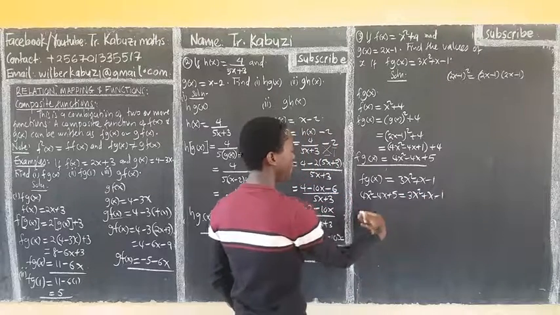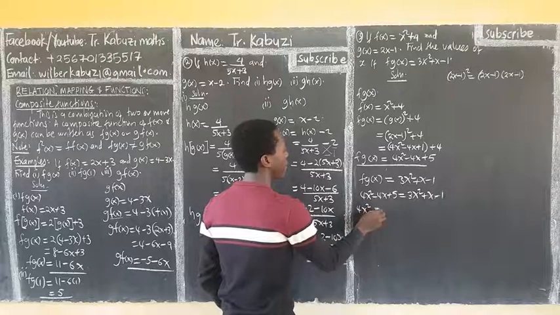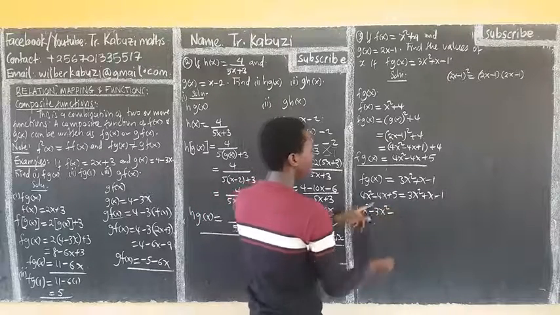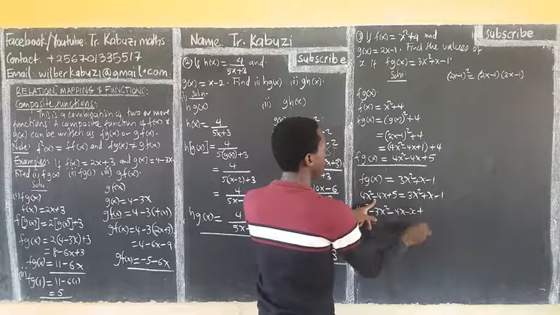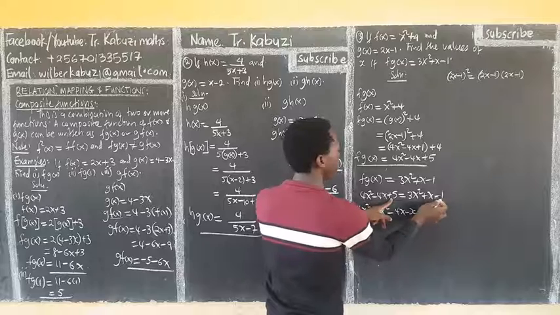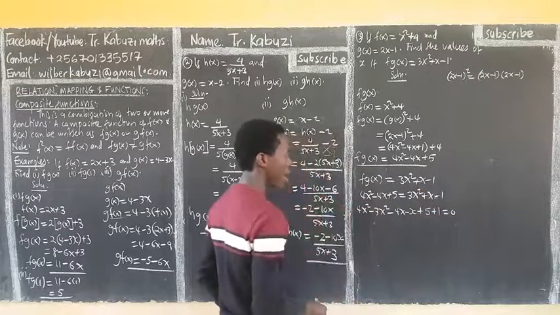Now bring everything this side where we have the highest power. So 4x squared minus 4x, I'm going to bring this side, subtract x, then plus this 5. When I bring this side, it becomes plus 1, equaling 0.